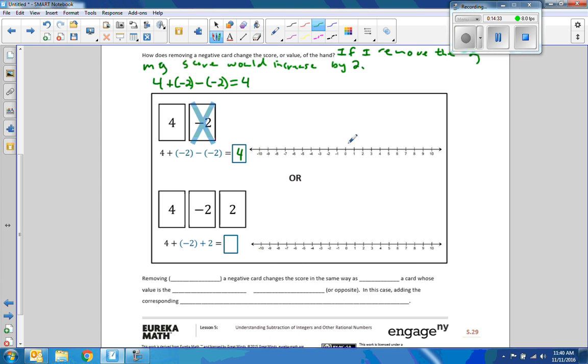We start at 0, we go over to 4, and then we subtract that this way, and then we get rid of this arrow, so we end up back. Okay? And then down here would be the same as saying 4 plus a negative 2 plus 2. So here would be the model for that. Went over 4, went back 2, but instead of just negating that negative, we're just going to add it back. So 4 minus 2 plus 2 is also 4.